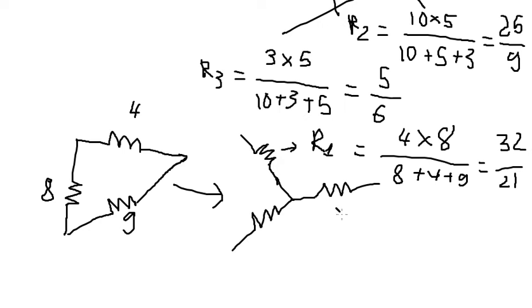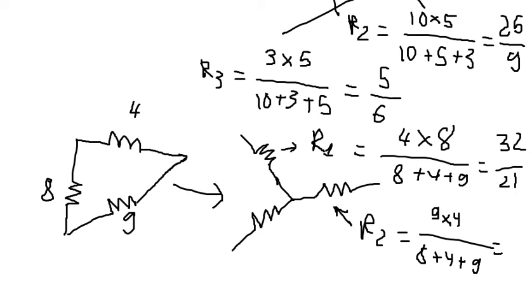Now we do similar for R2 in here. So we have between 9 and 4. We have 12 over 7.